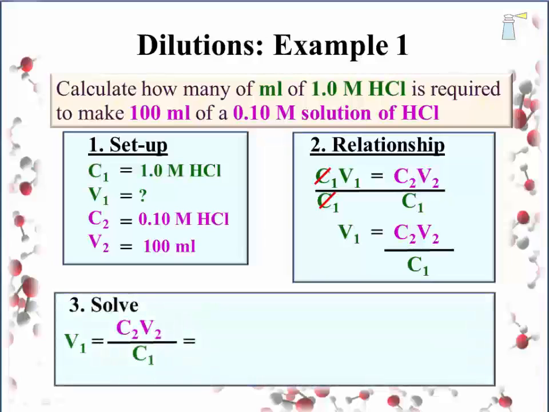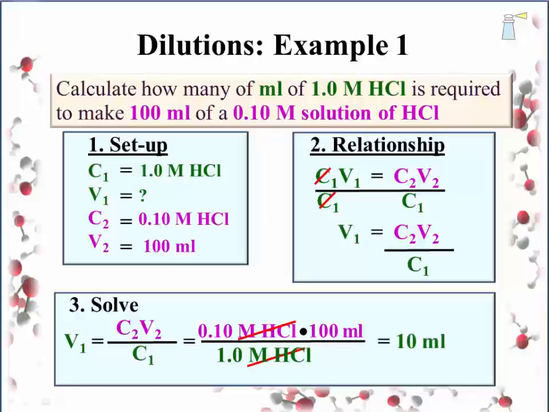Step 3 is to solve the equation mathematically. Add numerical values from the setup into the equation. C2 is 0.10 molar. V2 is 100 mL. C1 is 1.0 molar. The unit of molar HCl cancels out, leaving mL units, which is a good thing since we are solving for a volume.